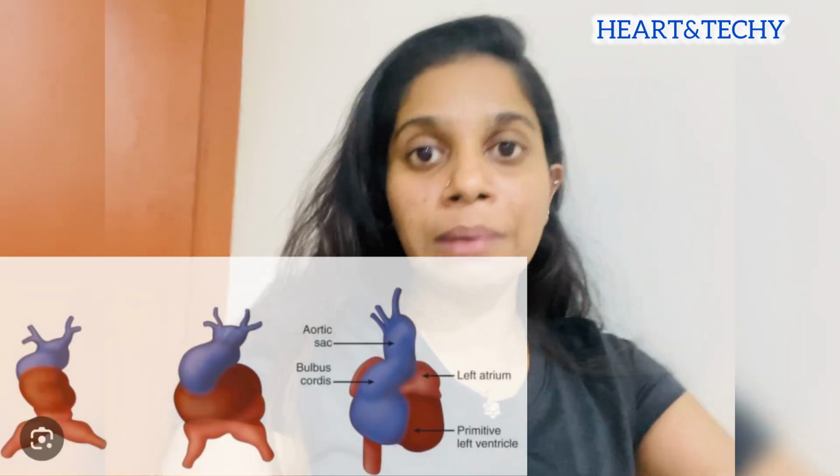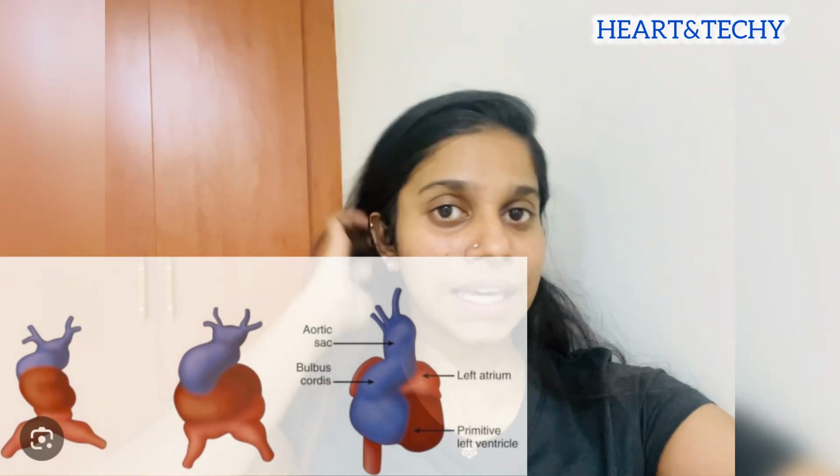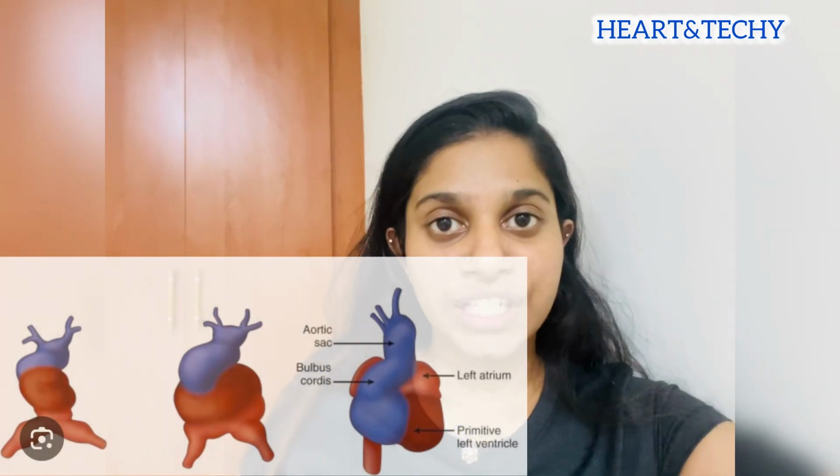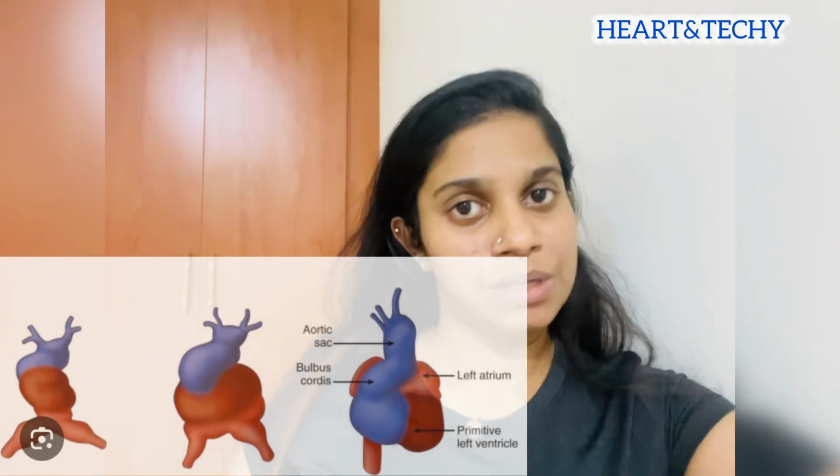All structures will be clustered or fused. These structures further develop, and only then can we see 4 functional chambers and valves in between. In the developmental stage, the heart is just a tube which is beating on its own by around the 4th week. By around the 3rd to 4th week, we can see a heartbeat in a fetus.